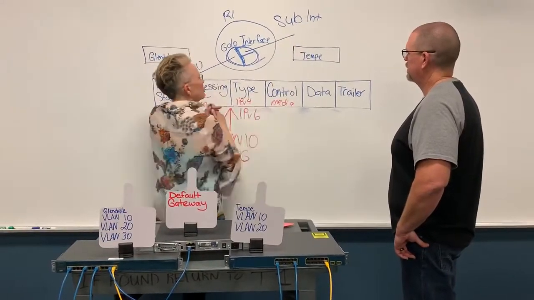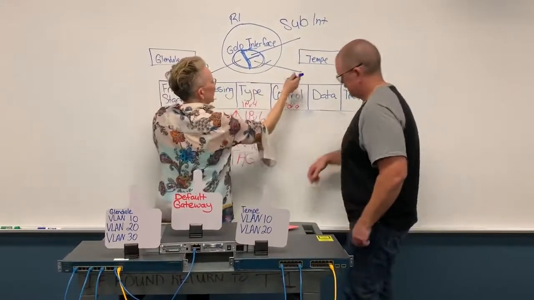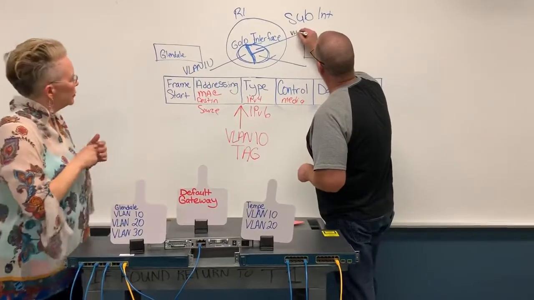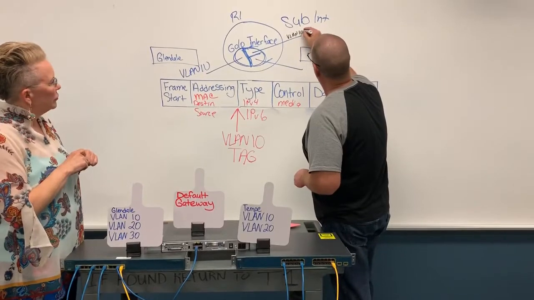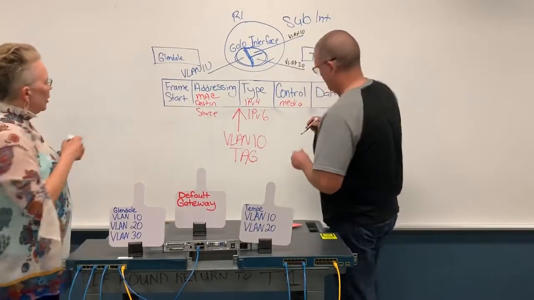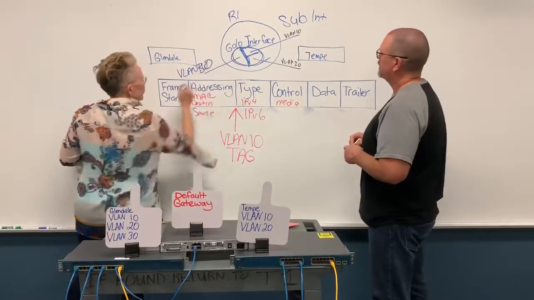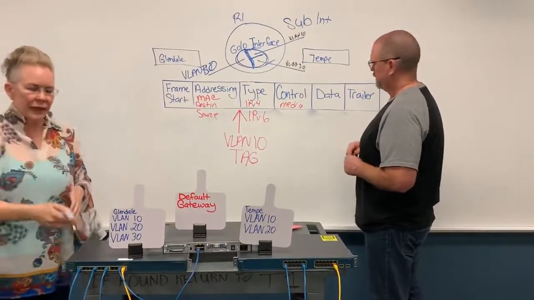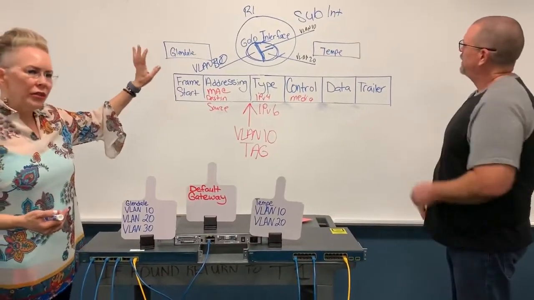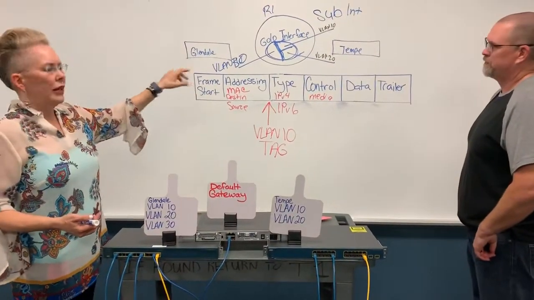I can get, I'll let you write those, VLAN 20 and 30 across. Here, I'll do this one as 30. So however many VLANs you have is the number of times you need to subdivide your interface.